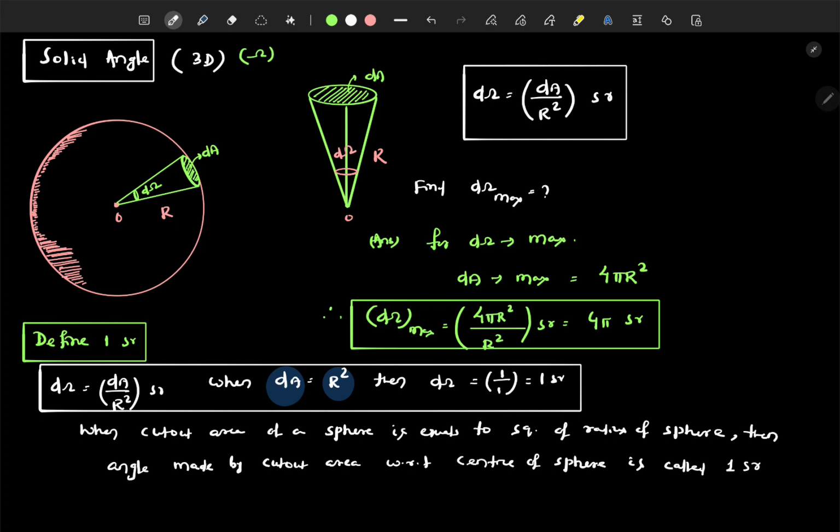This is the definition part. And the maximum value of omega for a sphere is 4 pi steradian. d omega maximum is called omega.